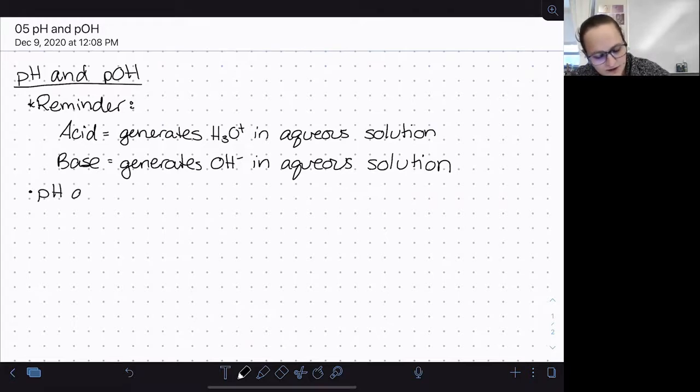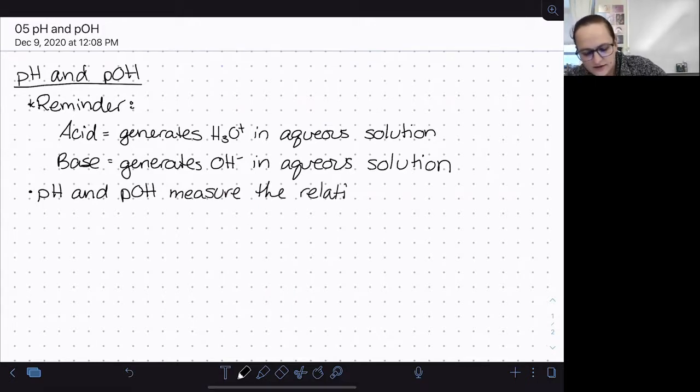So both pH and pOH measure how acidic or basic a solution is. They measure the relative acidity or basicity of a solution.